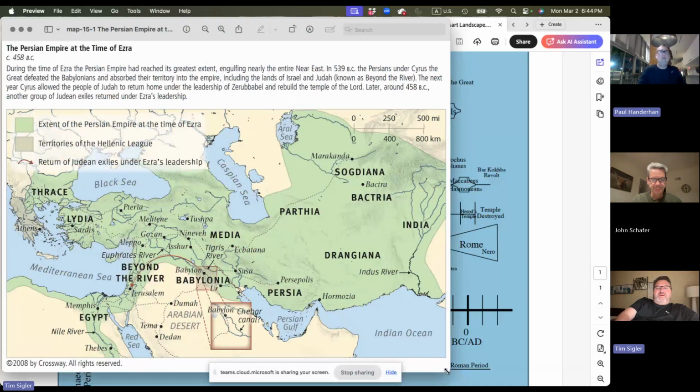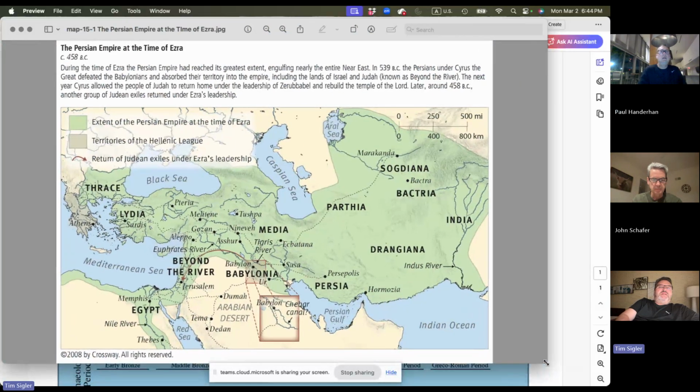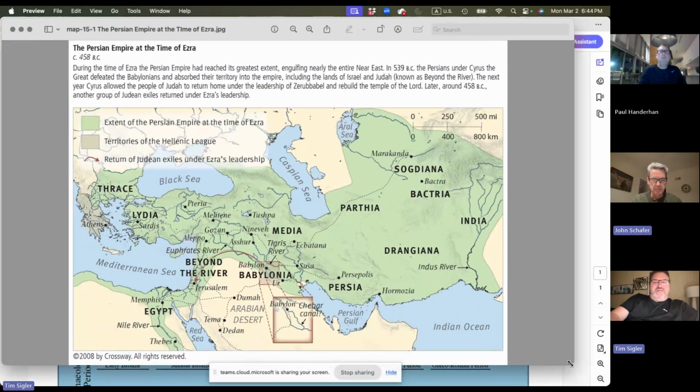Yes. This is from the ESV Study Bible, and I appreciate how it's showing in the green here the extent of the Persian Empire at the time of Ezra. And then some territories later related to the Hellenic League, and then the return of the Judean exiles under Ezra's leadership. So you're seeing that red line here.